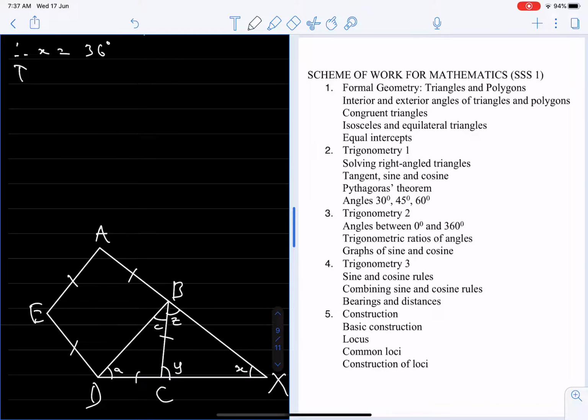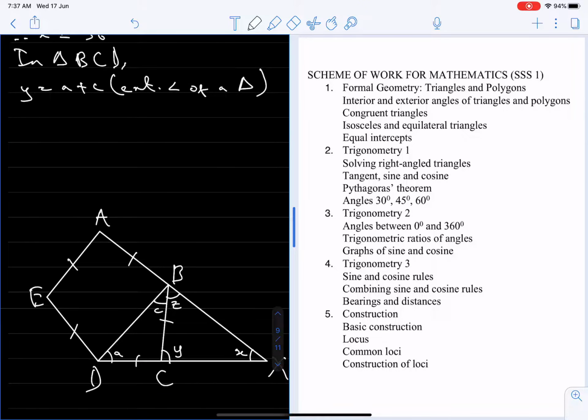In triangle BCD, angle y equals a plus c. And what's the reason for that? Exterior angle of a triangle. The exterior angle of a triangle is equal to the sum of two opposite interior angles.